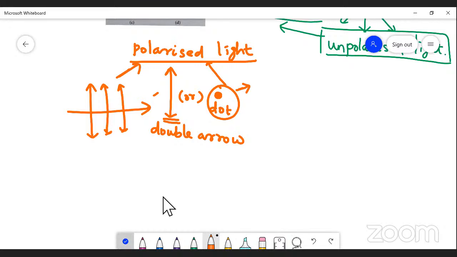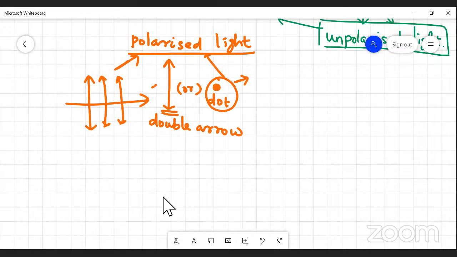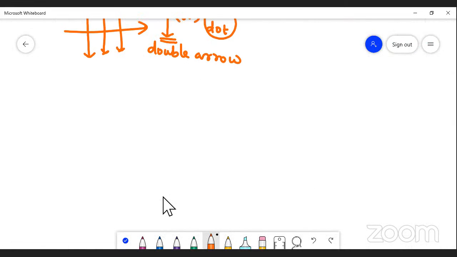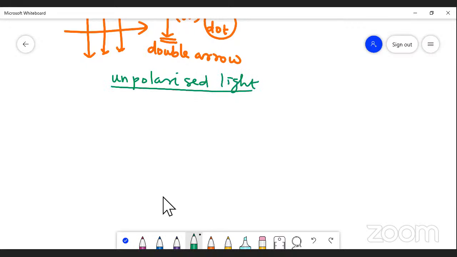Right. Whereas unpolarized light is represented by many double arrows like this. Okay, so this diagram represents unpolarized light. Already I told, in unpolarized light the vibrations occur in all possible directions.